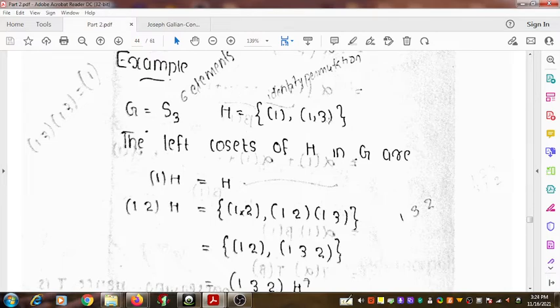So (1 3) dot (1 3). In (1 3) dot (1 3) you can see that 1 will be mapped to 1 and 3 will be mapped to 3. Therefore the inverse of this element is the same element, and hence this is a group.